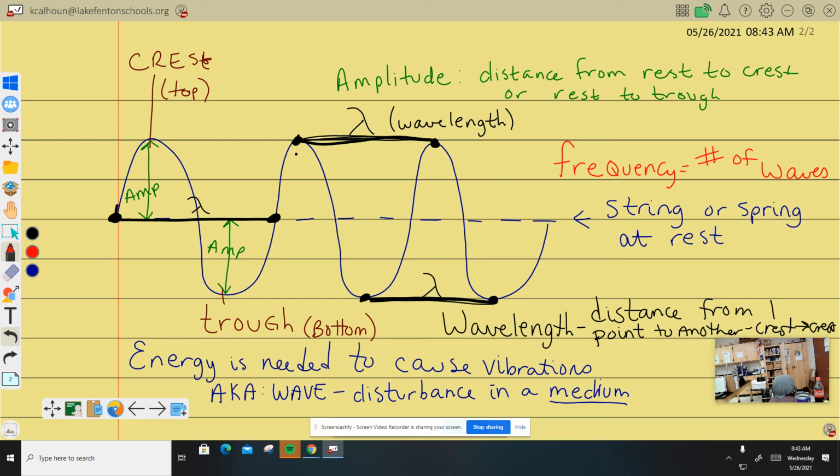One complete wave has one crest and one trough. So if you start right here, the next time the wave starts to go up, that's one wave. So we've got one wave, up, down, back up again. There's two waves.